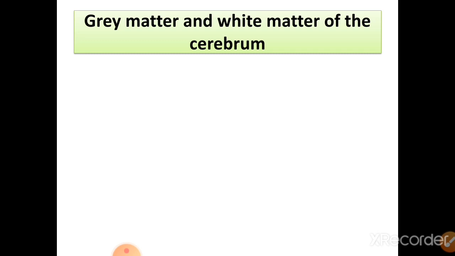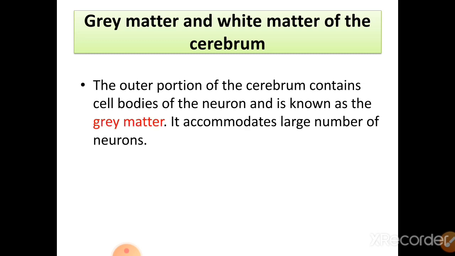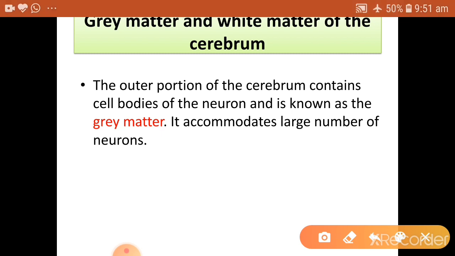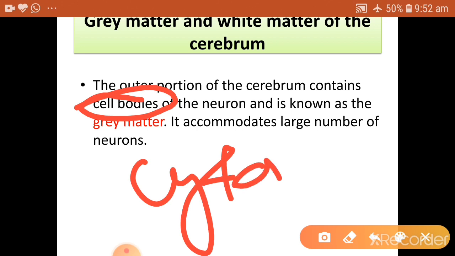In the cerebrum you will see gray matter and white matter. You must be wondering what these are. The gray matter, the outer portion of the cerebrum, contains the cell bodies of neurons and accommodates a large number of neurons. You learned in the previous class that a neuron consists of a cell body, or cyton, and an axon.